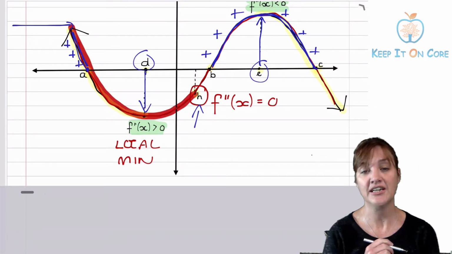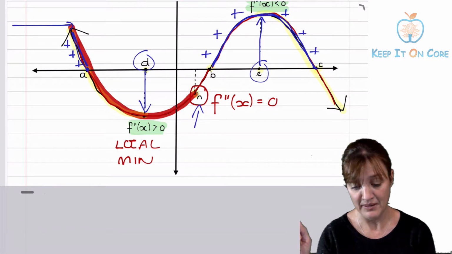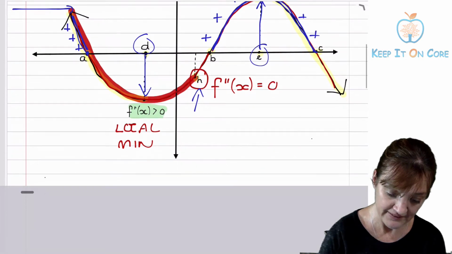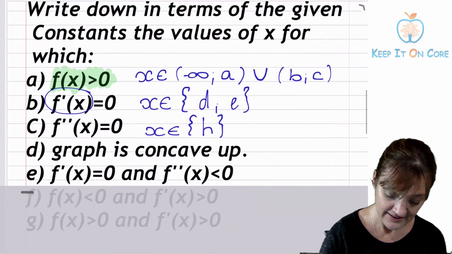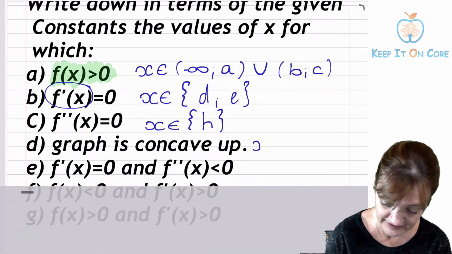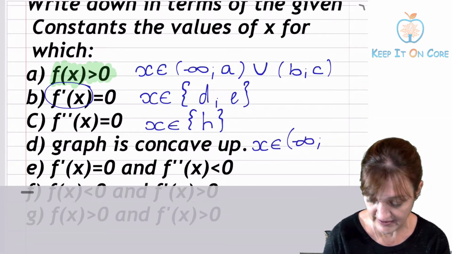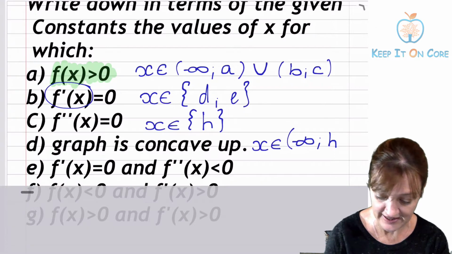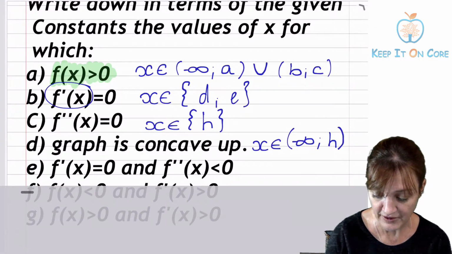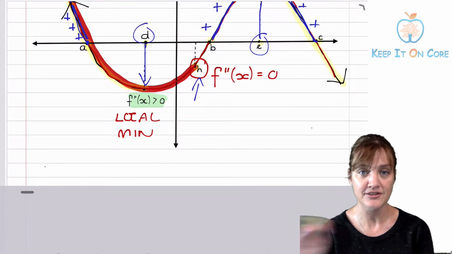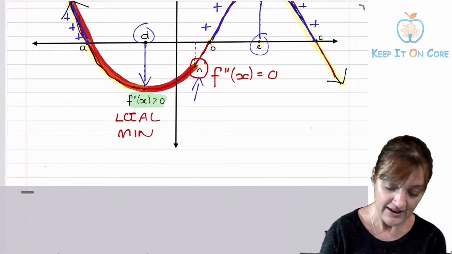That's the point that it changed from being concave up to being concave down. So what values of x? It will be from negative infinity up to your h. And again, I'm going to make it a round bracket because at point h it's neither facing up or down, so it's a point of inflection at that point.